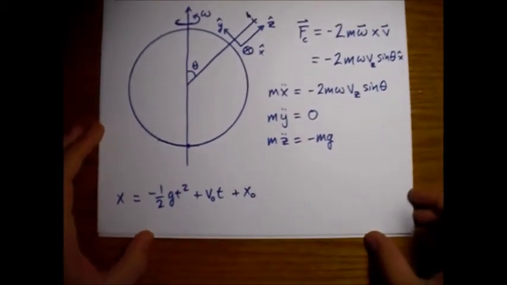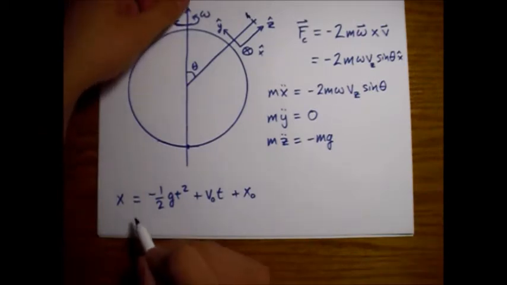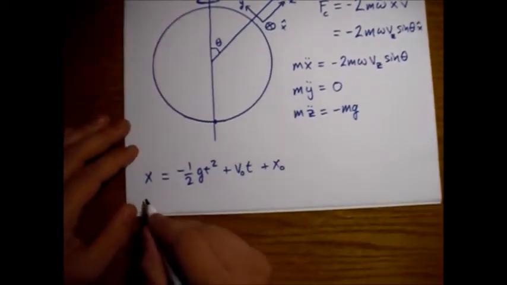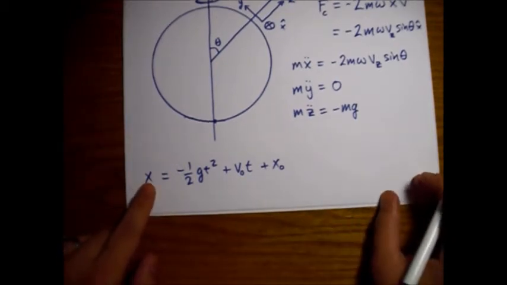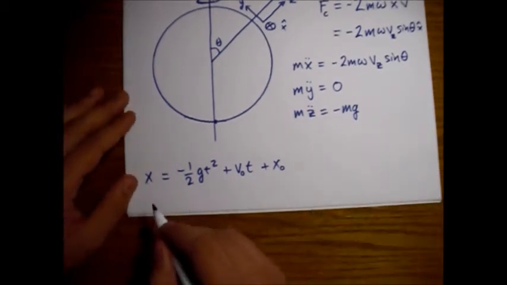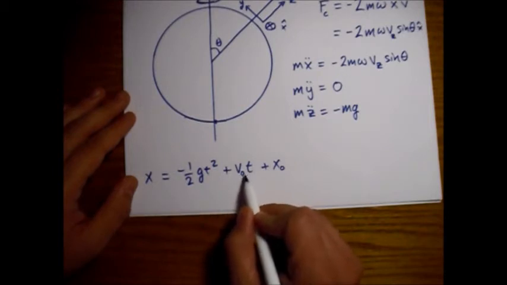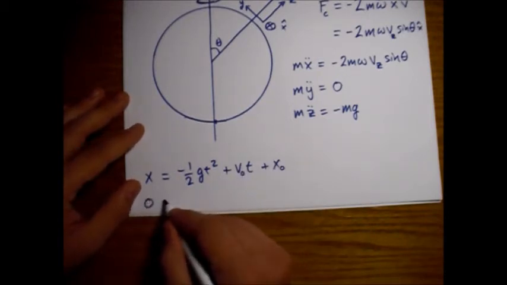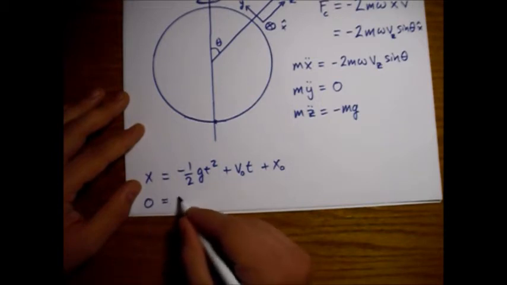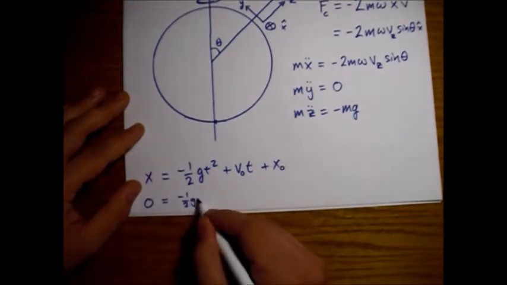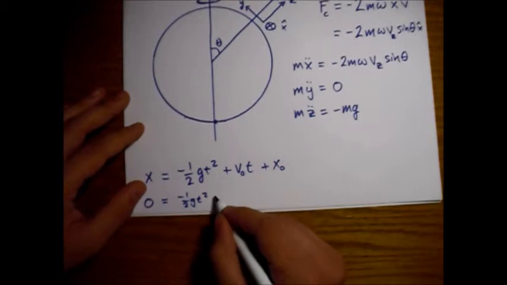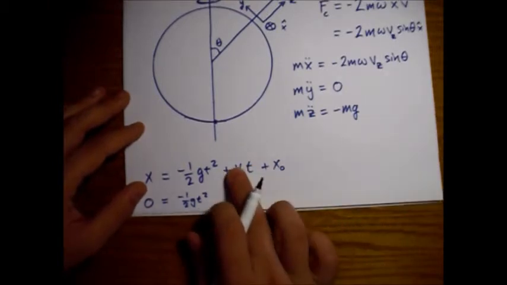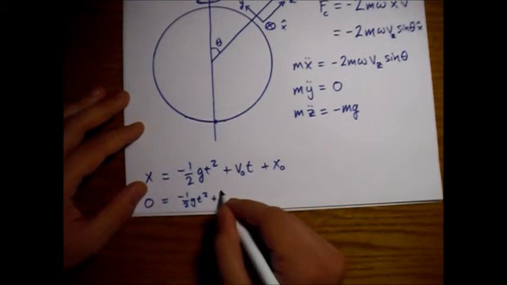Okay, so first of all, using this equation, we would get a 0 here, and we're dropping it, so we get a 0 here for v naught. Let me go ahead and write those in. And then here our initial position is h.